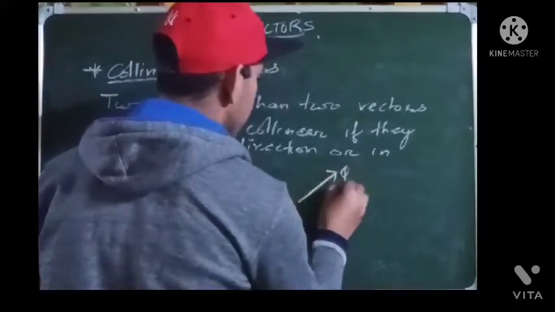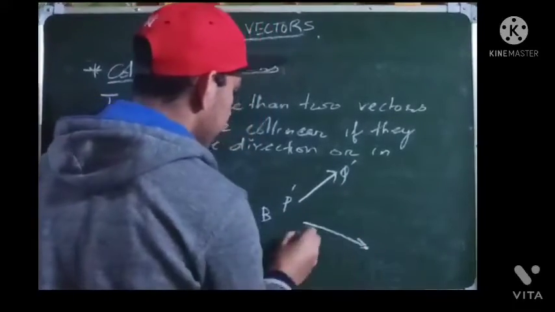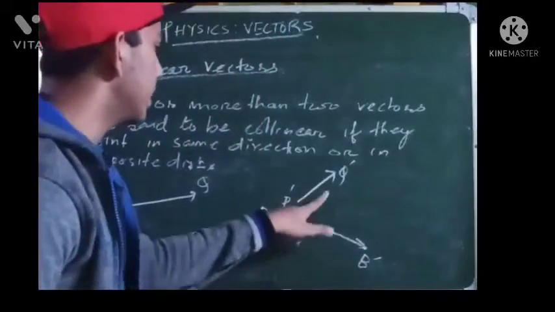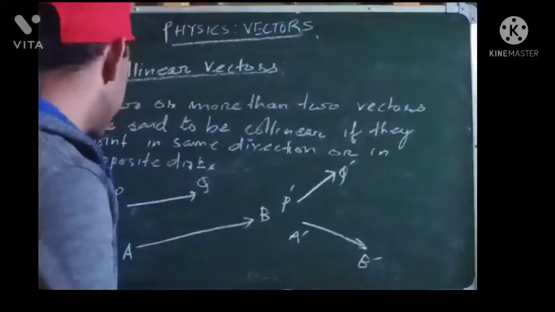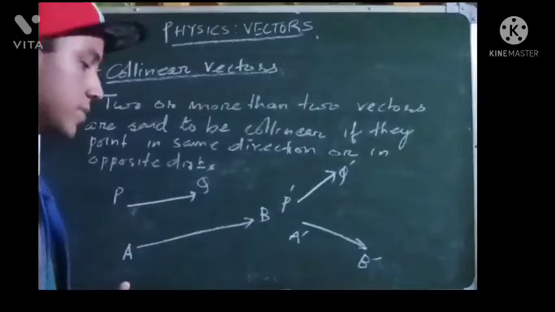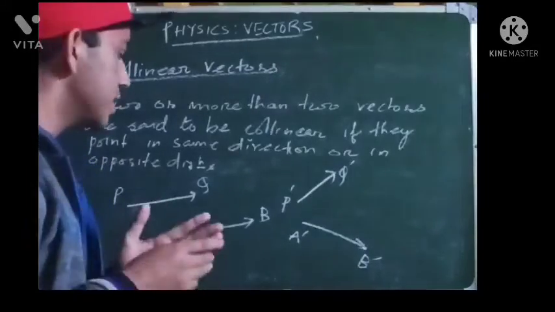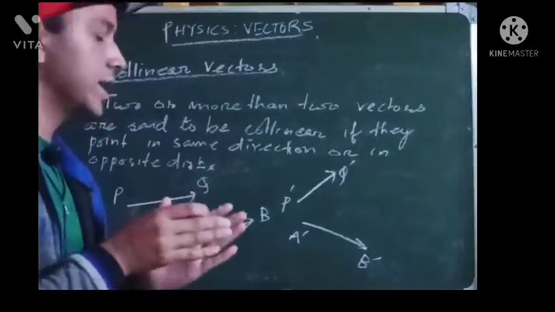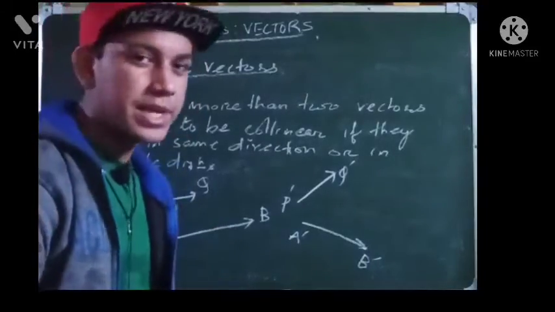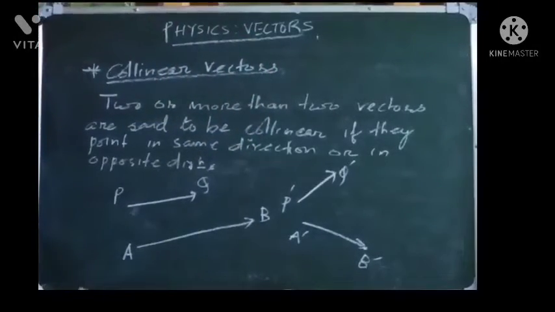If P dash Q dash vector is represented by this arrow and A dash B dash vector is represented by this arrow, then these two are non-collinear vectors. It is not necessary that the magnitude must be same. Actually, what matters is its direction, whether both of them are pointing in the same direction or in opposite direction. Now we are going to do a simple exercise.